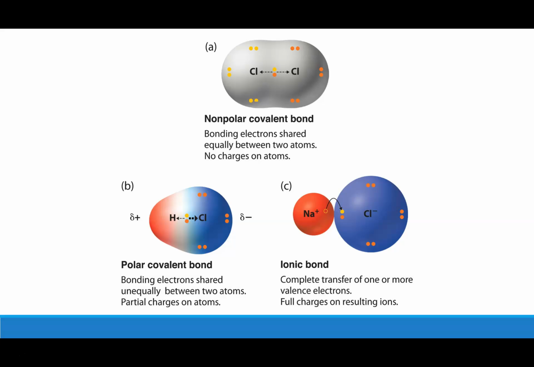In the nonpolar covalent bond, the electrons are evenly distributed between the two bonded chlorine atoms, and there are no charges on the atoms. In the polar covalent bond, the electron distribution is asymmetrical between the two atoms, and a dipole results. In the ionic bond, there is a full positive charge on the sodium ion and a full negative charge on the chloride ion.